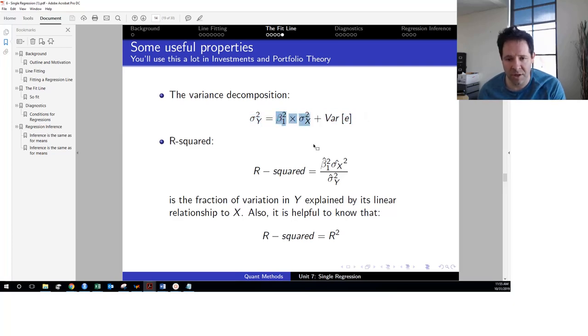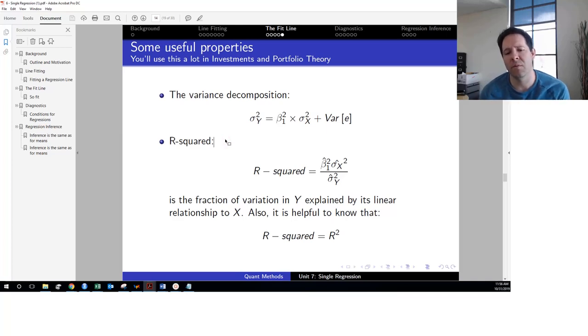There's the part that the regression line explains, how much of the variance in y is explained by x. That's just going to be the coefficient on x squared times the variance of x, which follows the formula that we have for linear combinations. And then the residual part is just the variance of the residuals, and that's the part of y that is unexplained by x.